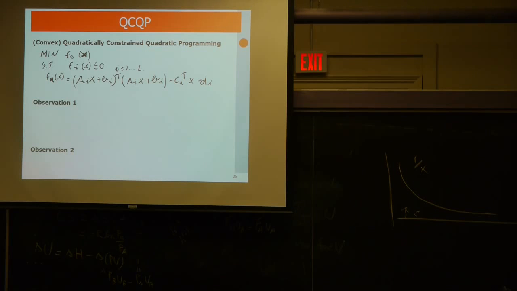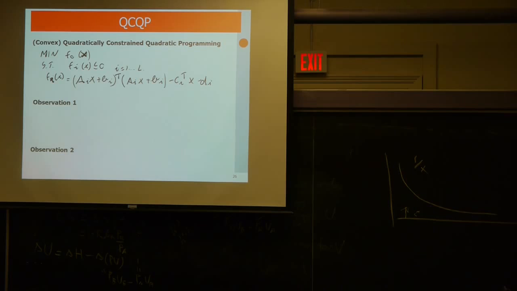Why are you using that complex form of A_i x plus b_i and so on? We could just say x transpose Q x. Right, good point. Because of how I rewrite this as an SDP, it helps a little.